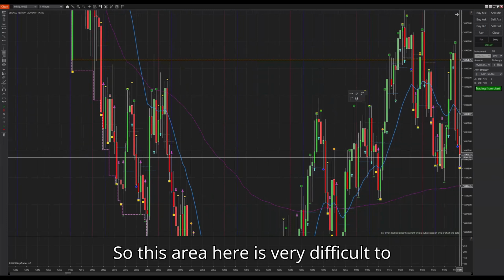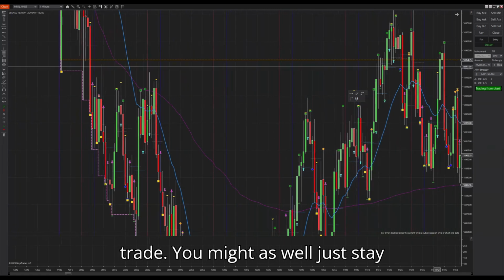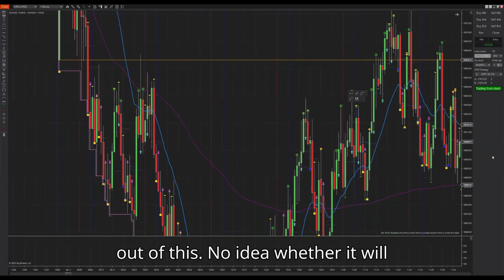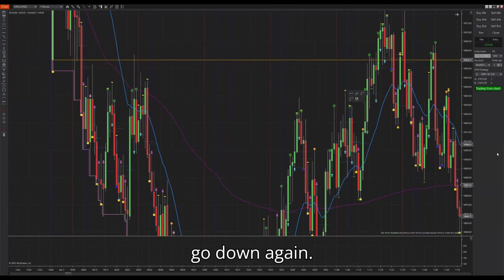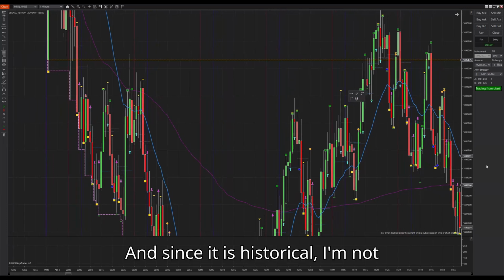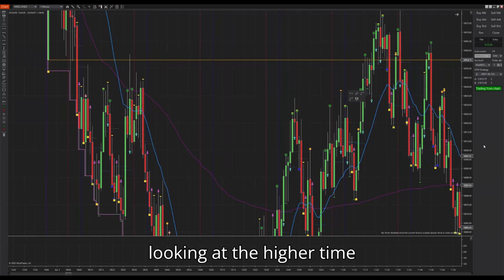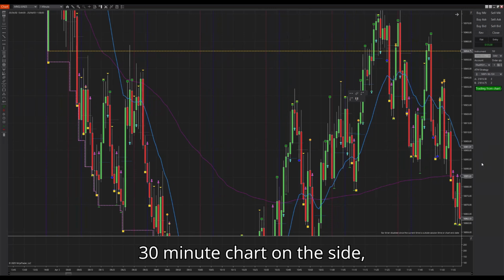So this area here is very difficult to trade. You might as well just stay out of this. No idea whether it will go sideways or going to go down again. And since it is historical, I'm not looking at the higher time frame charts. So you will also have the 30-minute chart on the side.